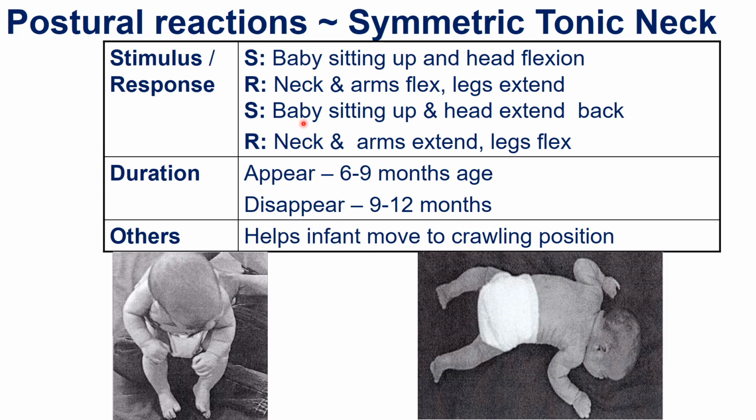Another, same position: the baby is sitting up and you extend the head backward. If you do that, the neck and arms extend and the legs flex. So the legs do the opposite of the arms and neck.